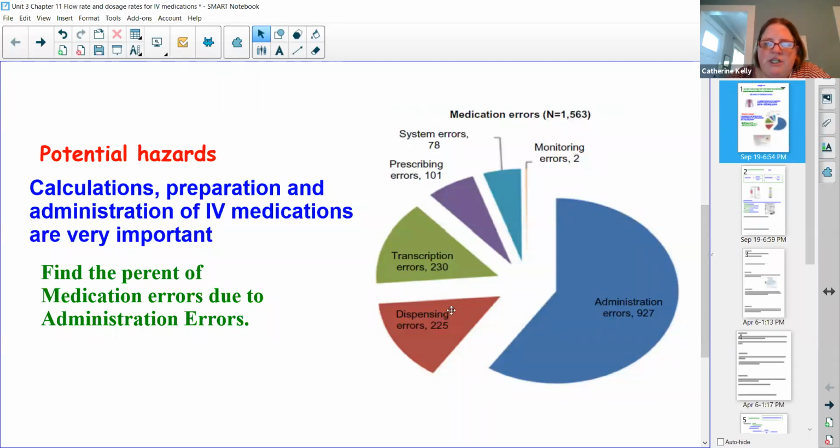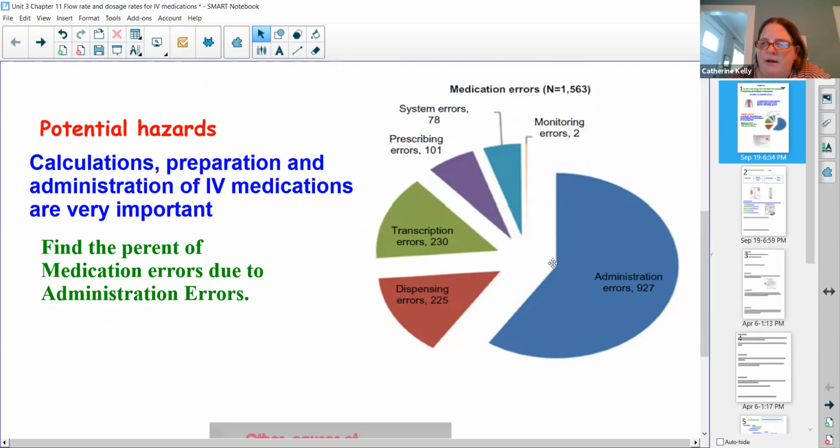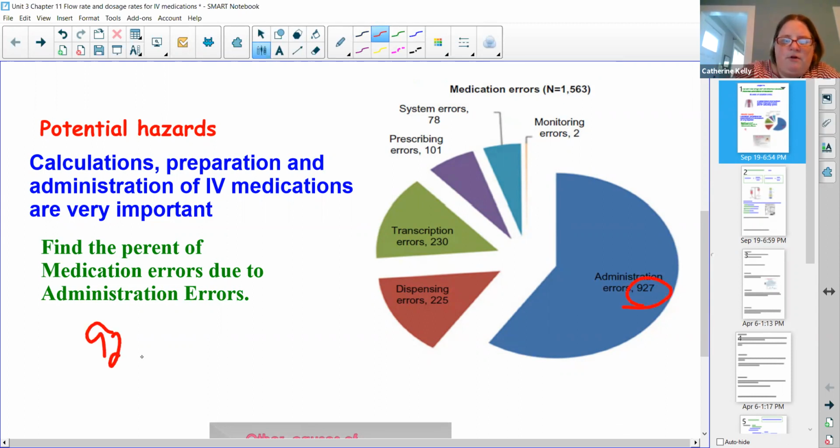So find the percent of medication errors due to administration errors. If we wanted to find the percent of the people that had administration errors, it was 927 people out of a total of 1,563.